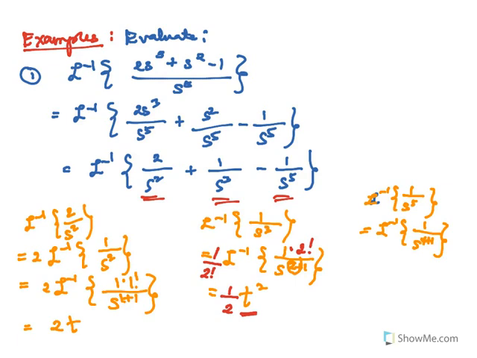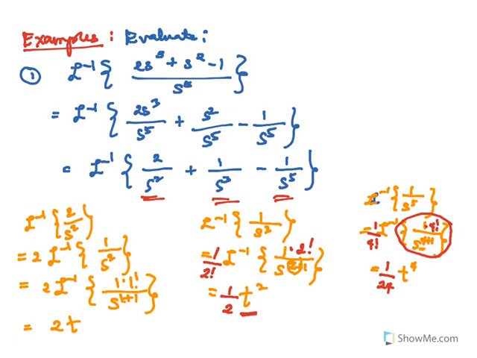But then again, para mag-yield to ng t to the n, which is t to the fourth, kailangan yung nasa numerator niya should be n factorial, which is 4 factorial. So if I multiply 4 factorial here, I should multiply 1 over 4 factorial sa labas. And so this will yield t to the fourth. And then you have 1 over 4 factorial is 4 times 3 times 2, 1 over 24.